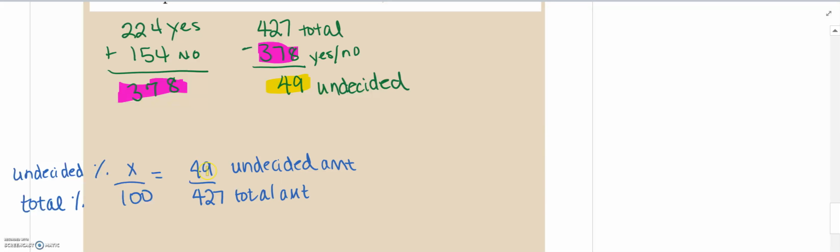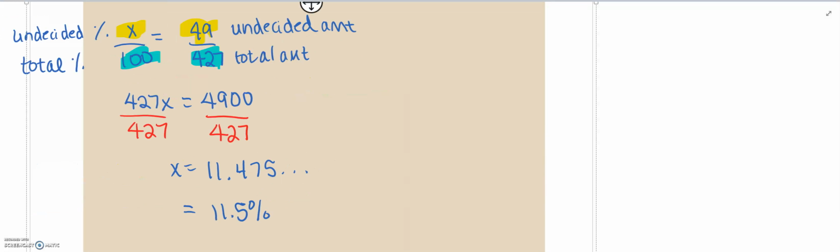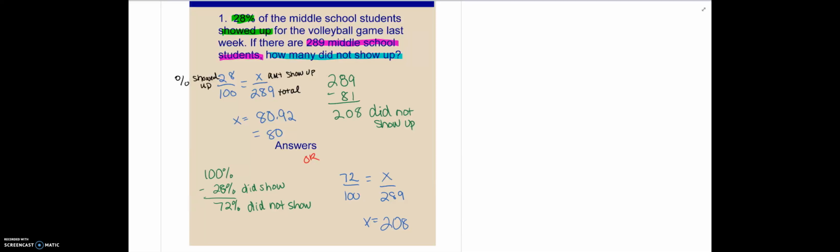So that's our x. And then we'll put the total amount of people across from 100. And then we're going to cross multiply and divide. We end up with 11.475, and the number goes on. So when we round this, it's going to be 11.5%. Press pause and look through the steps on this problem.